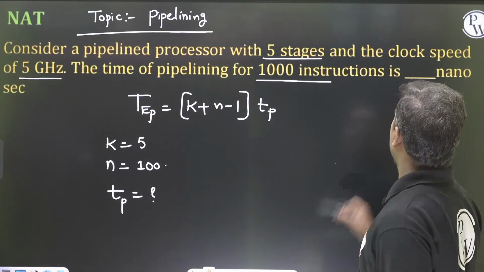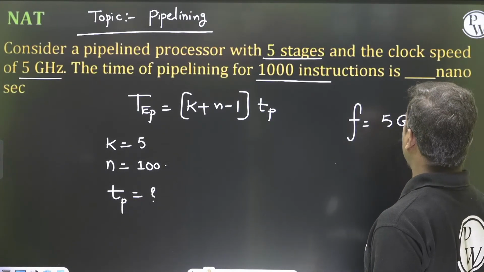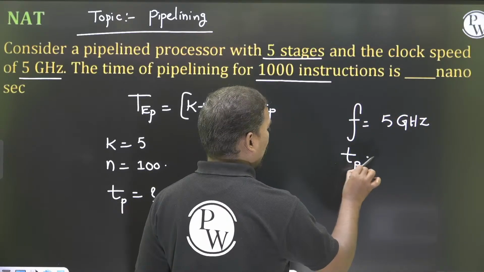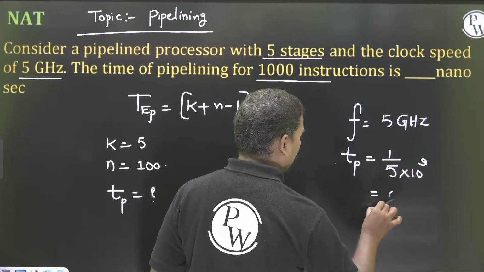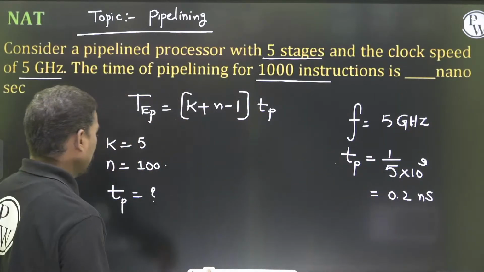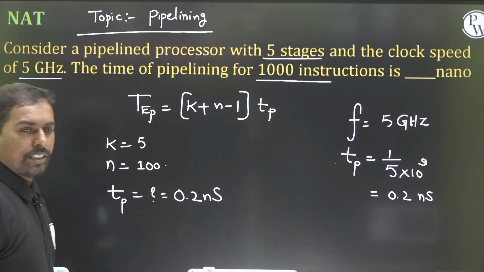But the clock speed is given, the frequency is given as 5 GHz. So frequency of 5 GHz means what will the time be? 1 by 5 into 10 to the power of 9. That means it becomes 0.2 nanoseconds. So for one pipeline task, we can take tp as 0.2 nanoseconds.